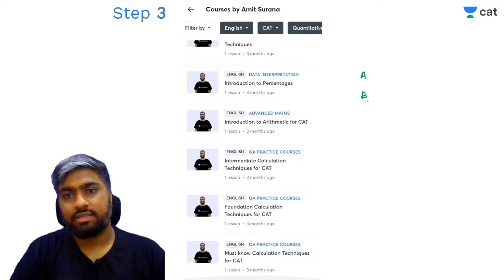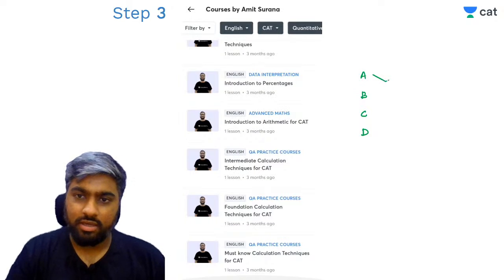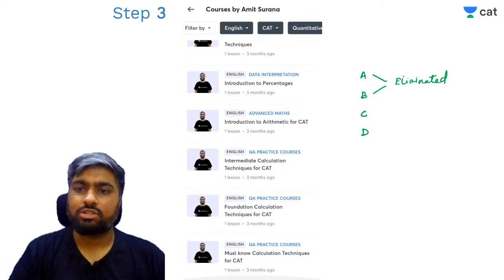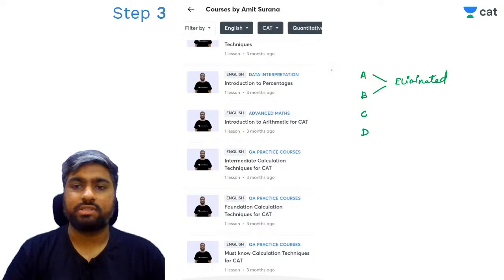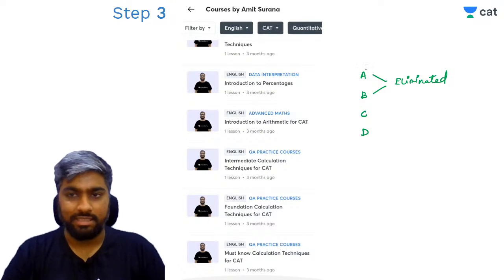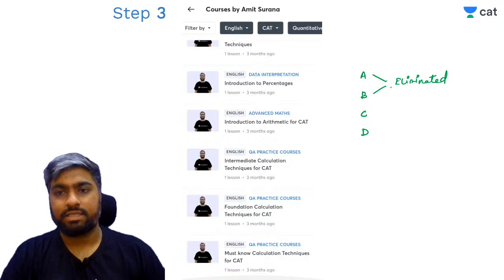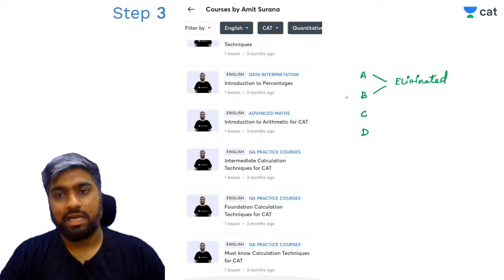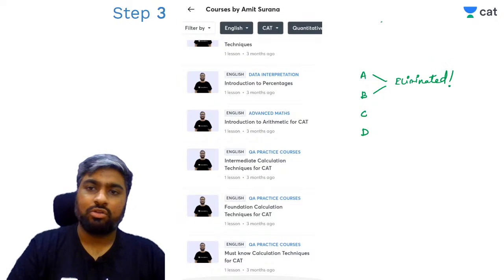Normally, in general cases, out of 4 answer choices, 2 could be eliminated on some basis or the other, unless it's one of those "none of the above" or "cannot be determined" types. Then eliminating becomes a bit difficult, because there's always this factor of doubt in our mind: what if that's the answer. So 2 answer choices can normally be eliminated.